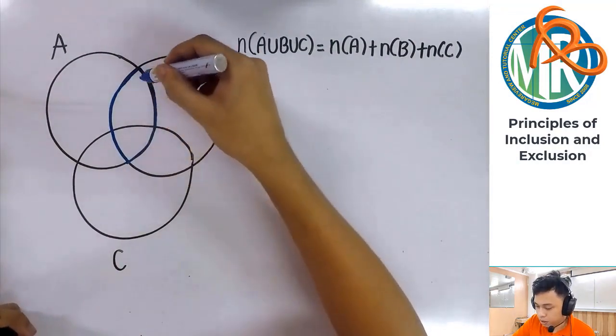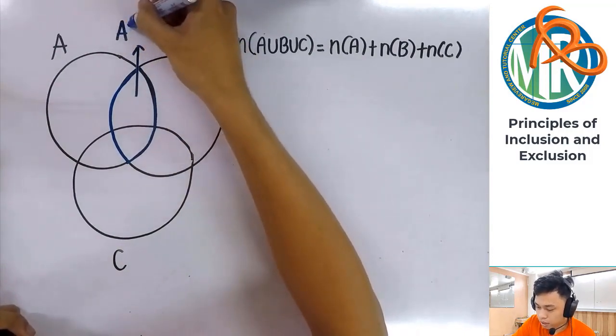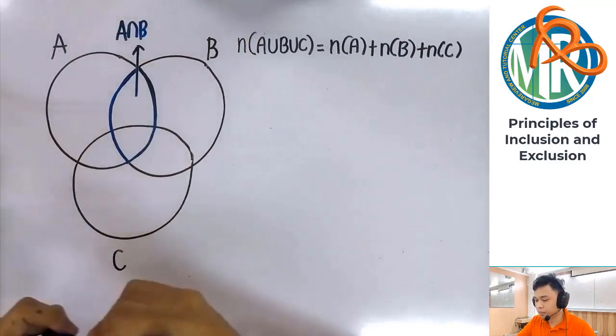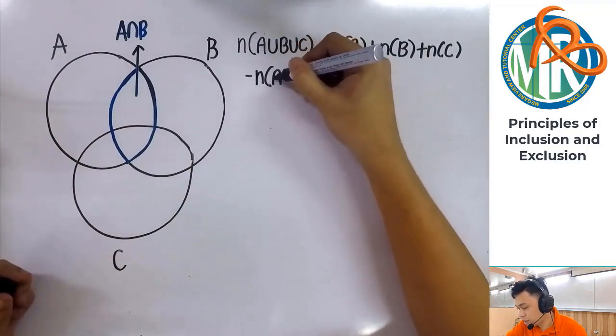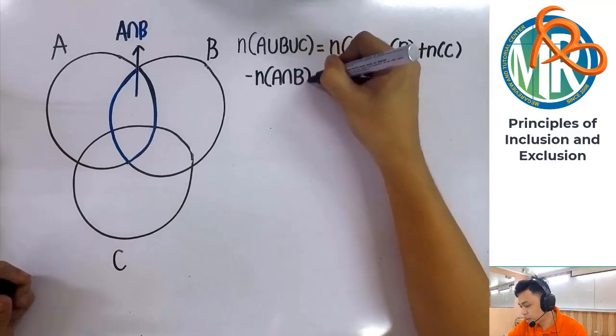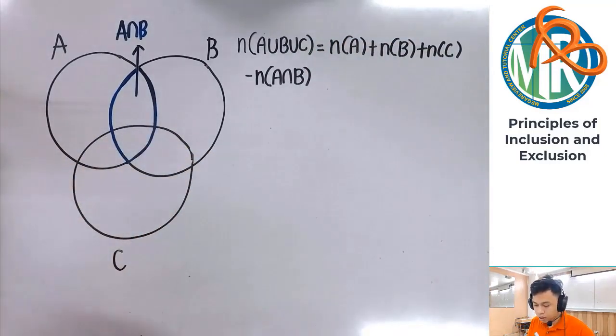So this is your A intersection B. So ibawas natin ito. This will be minus the number of elements in A intersection B. So bali guys, pag idinagdag natin si C, makita natin na nag-overlap siya sa A and B, di ba?